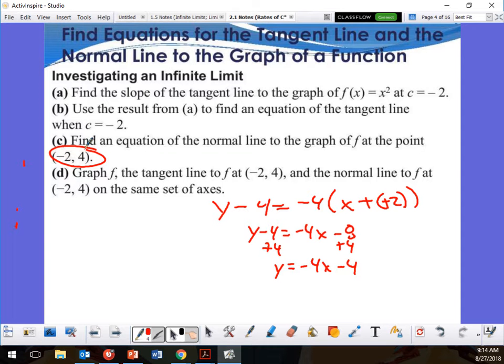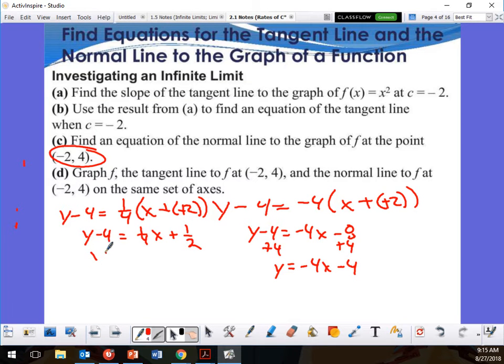So, it's going to be y minus 4 equals, now, what's going to be my new slope now? Positive 1/4, right? It's the opposite reciprocal, x minus negative 2. So y minus 4 equals 1/4 x, and that's plus 1/2.